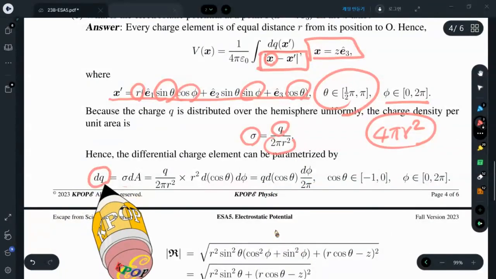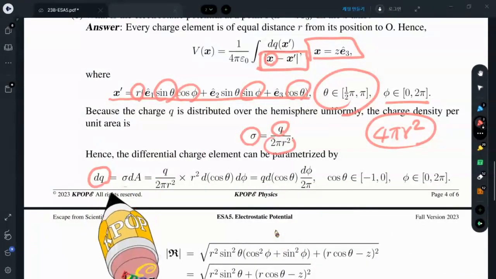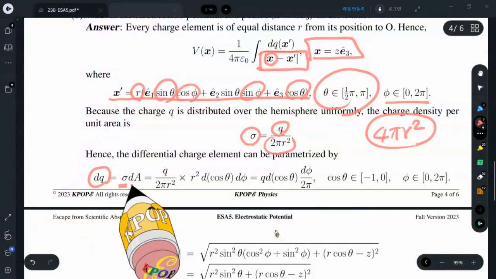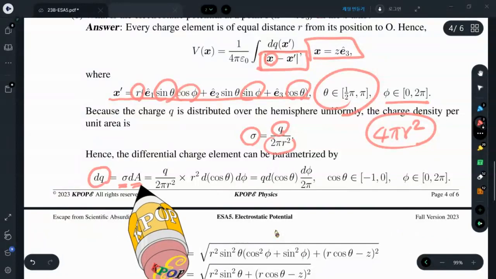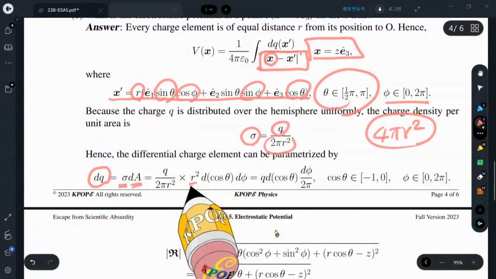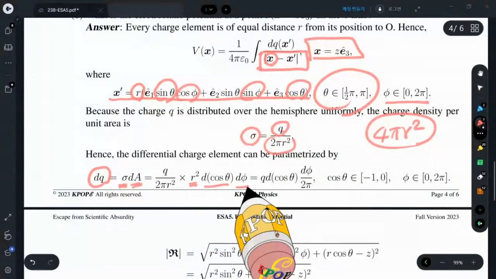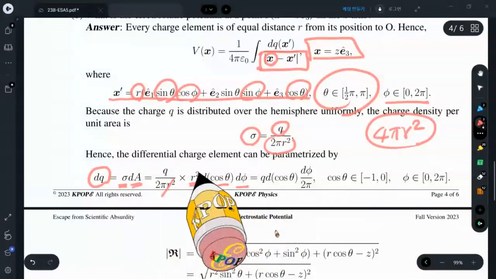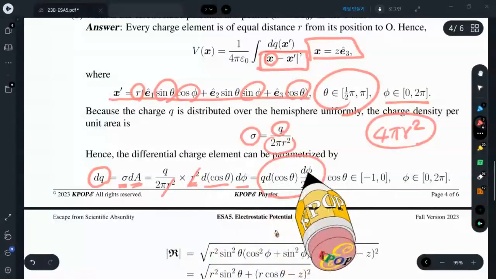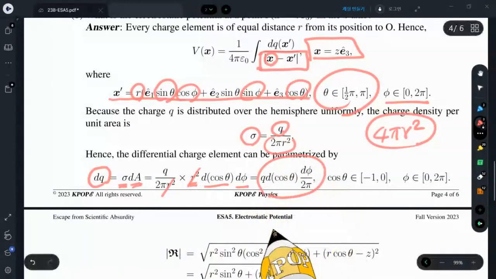And if you want to compute dq, the infinitesimal charge, then it is charge density multiplied by area. The polar coordinate area can be expressed in terms of r squared, d cosine theta, and d phi. So r squared cancels, and only the azimuthal angle and the polar angle dependence remain.